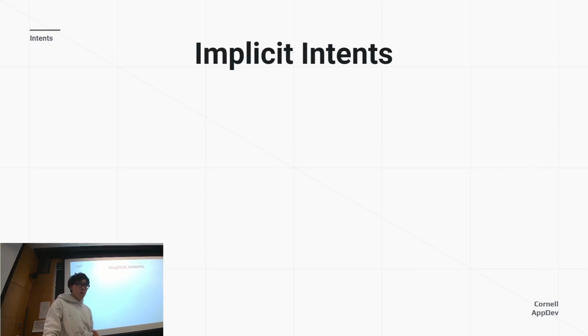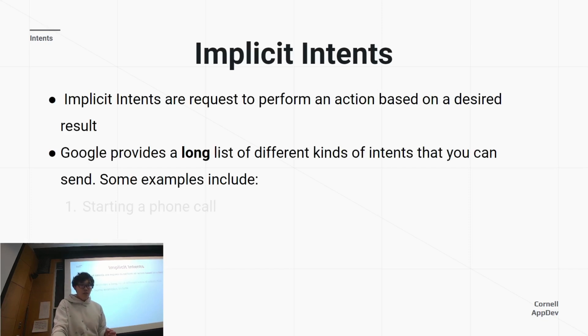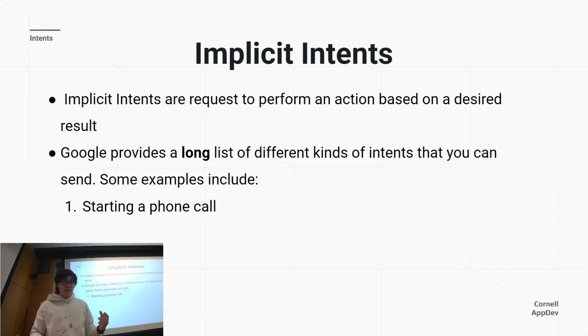Now let's talk about implicit activities, or implicit intents. Implicit intents, what they're doing is you're not requesting to go to a specific component, but instead you're declaring a general action to perform. For example, say you want to show the user their location on a map.